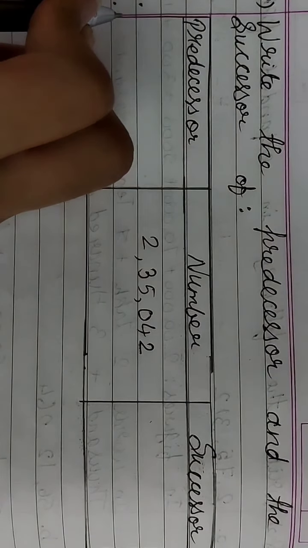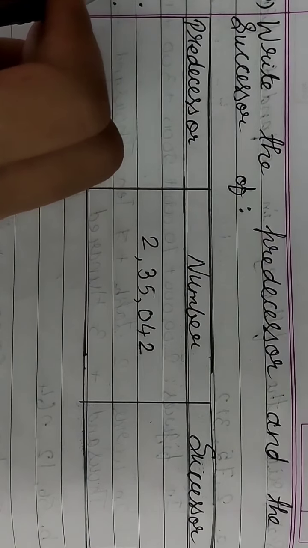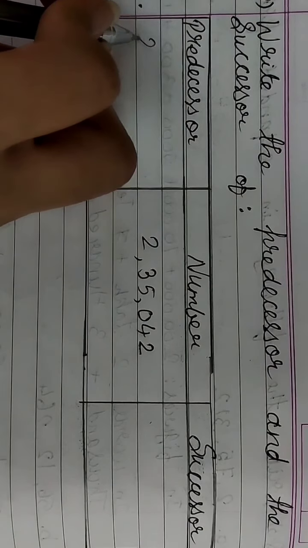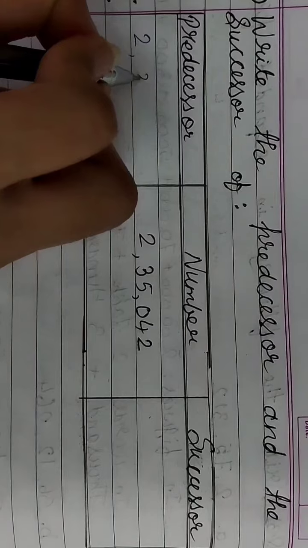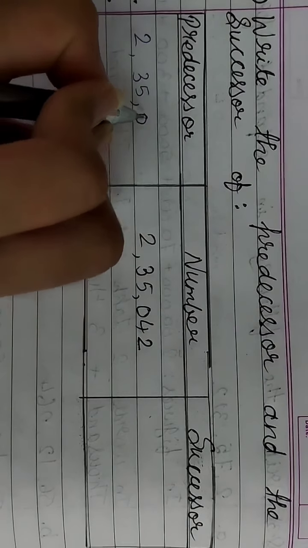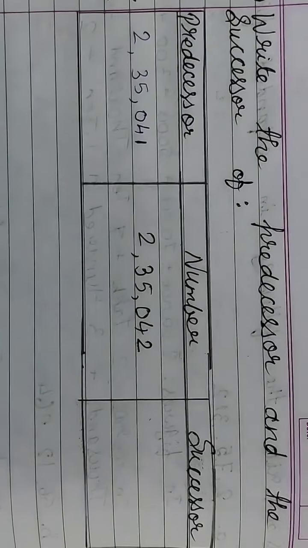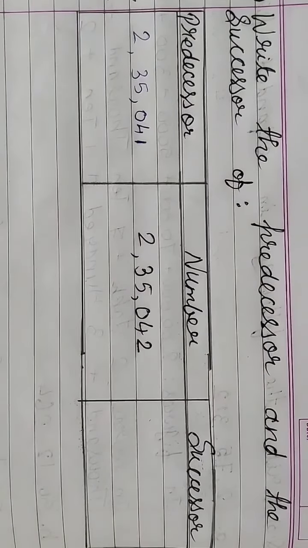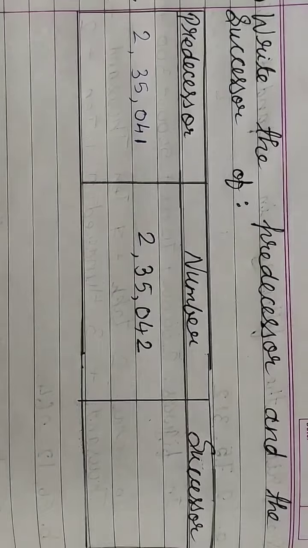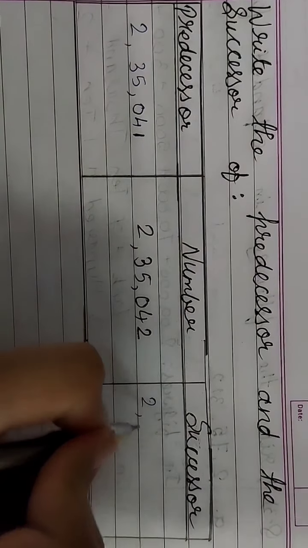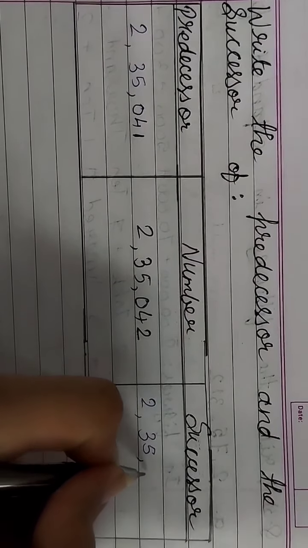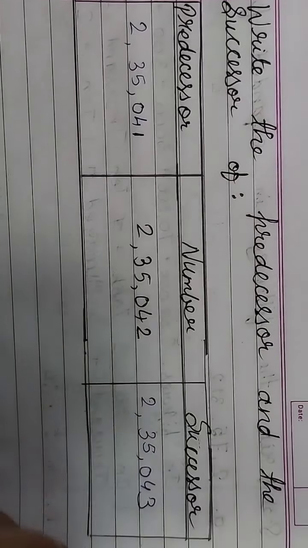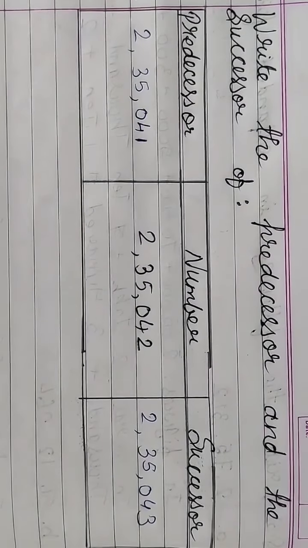The number which comes before 2,35,042 is 2,35,041. So this is the predecessor. And what is the successor of 2,35,042? Yes, that is 2,35,043. Understood all of you?